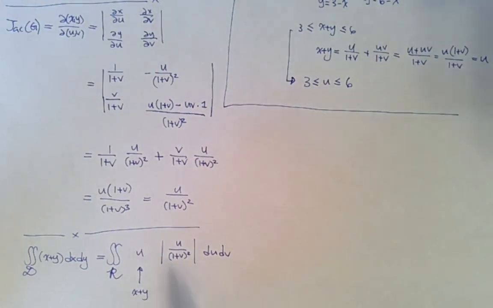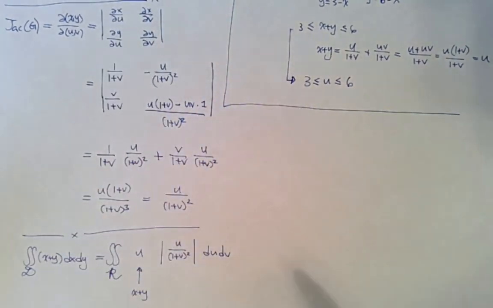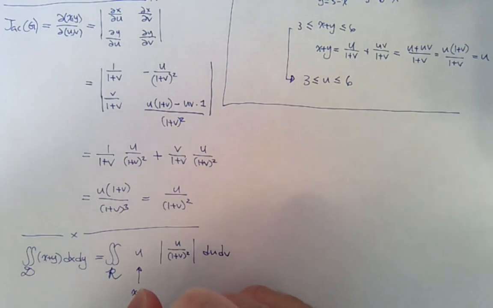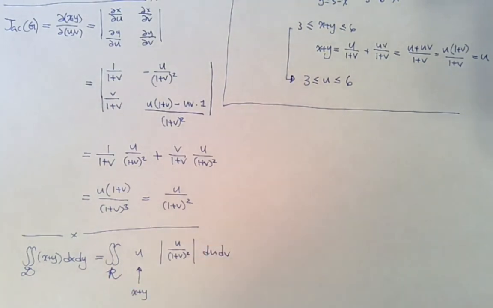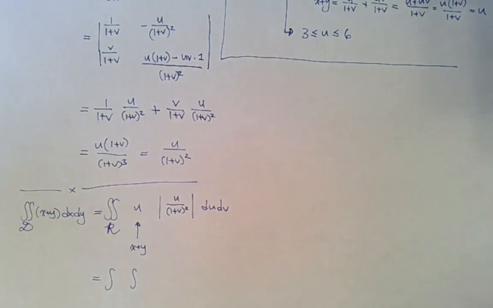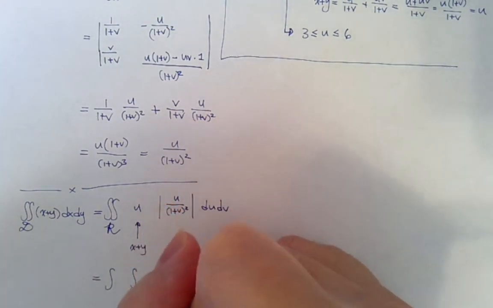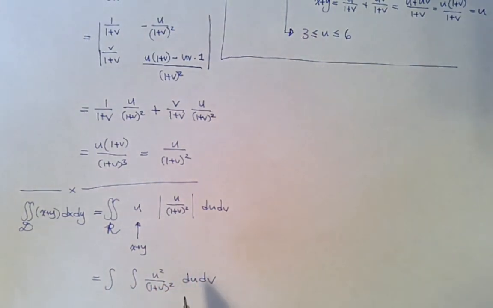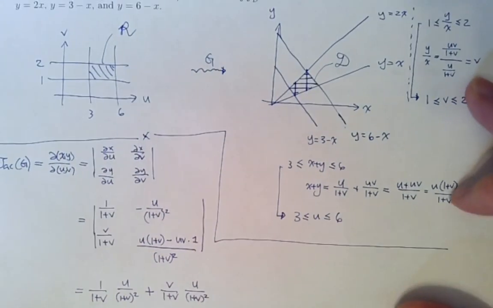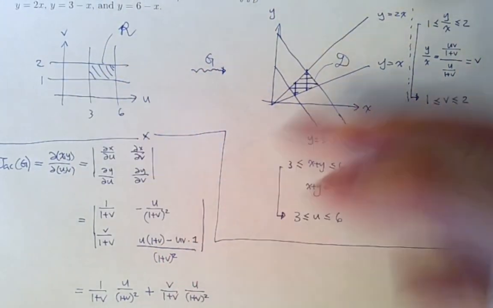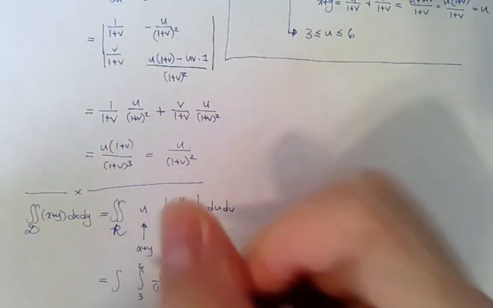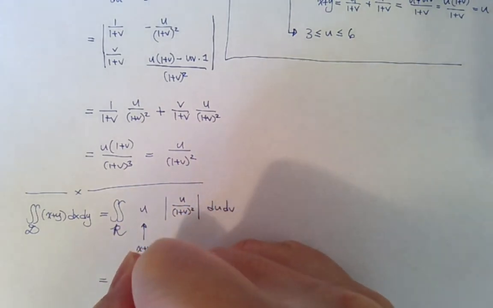By the way, our u's and v's are positive, so I can drop that absolute value sign. Let's write this as iterated integrals of u squared over 1 plus v squared du dv, where, in the picture we drew, u is between 3 and 6, and v is between 1 and 2.